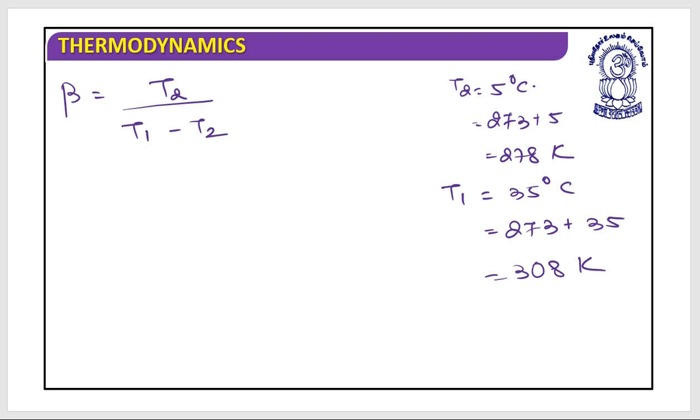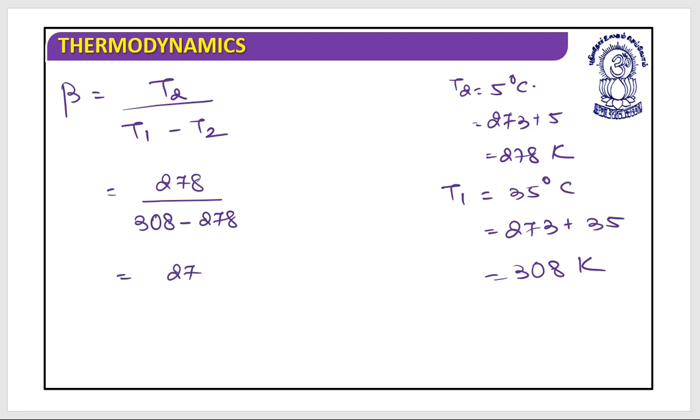So let's put up the values and get it done. Beta is equal to T2, which is 278 Kelvin, divided by T1, which is 308, minus 278.